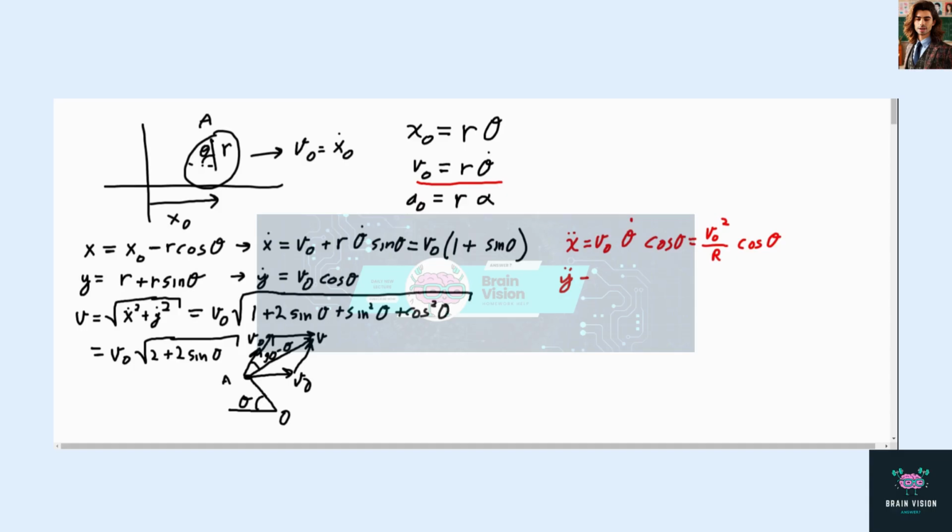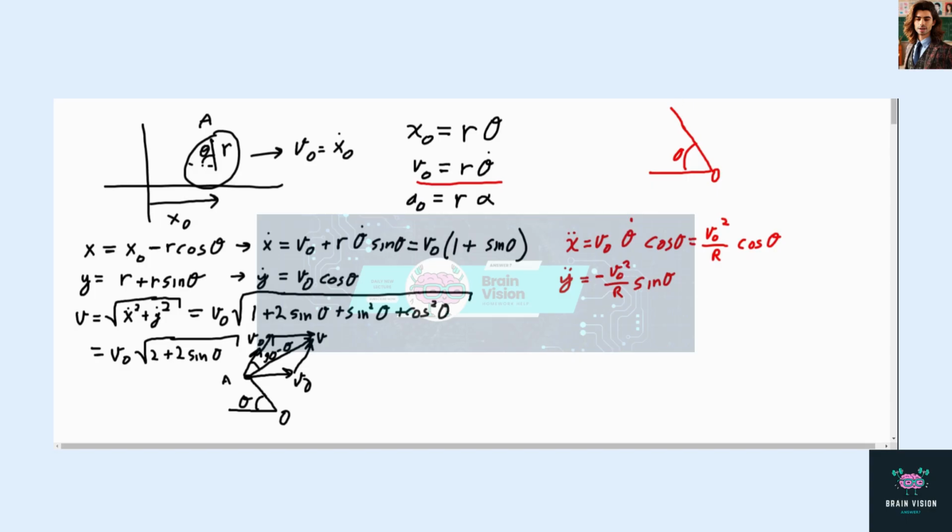We do the same thing for the y, where when we take the derivative, we end up with a negative v0 squared over r times the sine of theta. We can sketch these again as well, and we'll see if we have the origin there, or the center of this circle, we have theta.